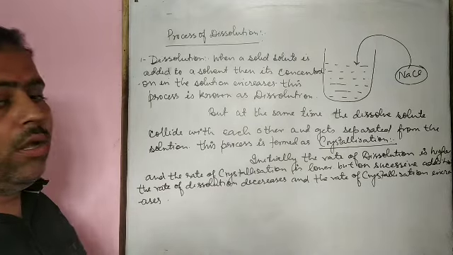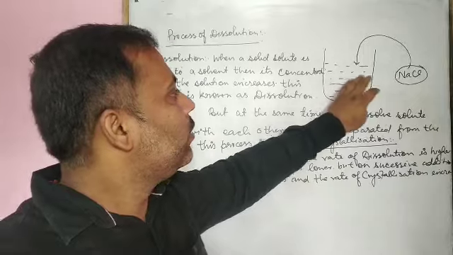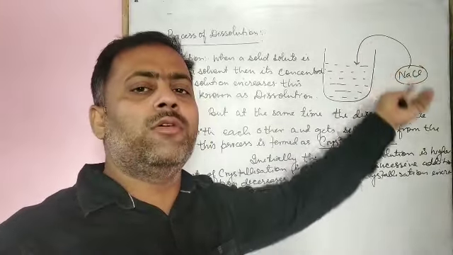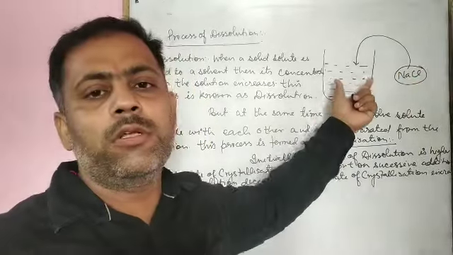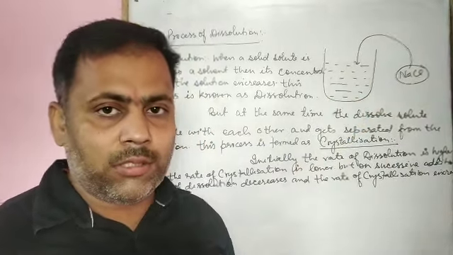What we see here is, if we add more and more sodium chloride into this solution, then on further addition of sodium chloride, the rate of dissolution decreases and the rate of crystallization increases.